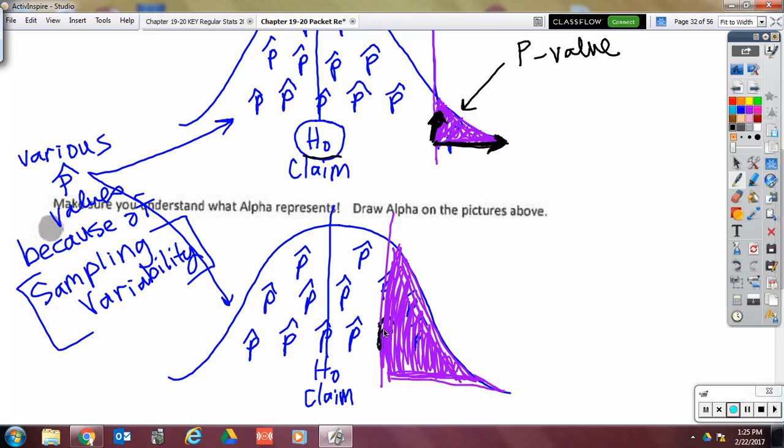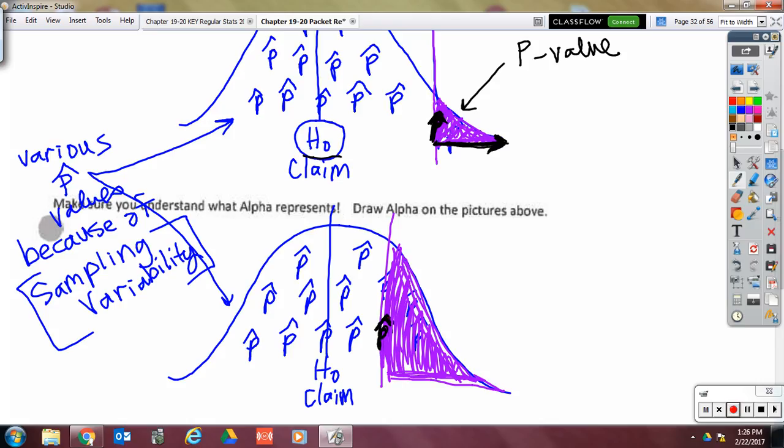Okay, so now look at this sample that I drew in this second picture. Is it more like the null hypothesis or less like the null hypothesis than the one up above? This one down here, is it more or less like the null hypothesis? It's more like it. Why? Because it's closer to it.